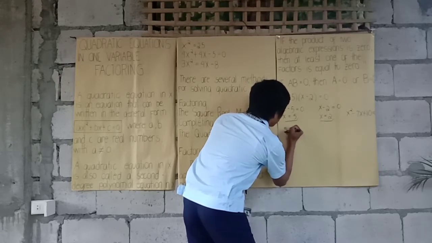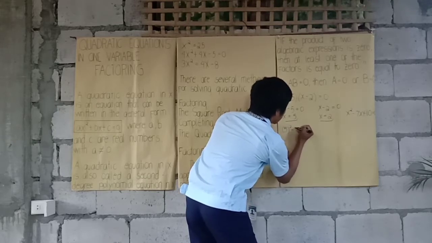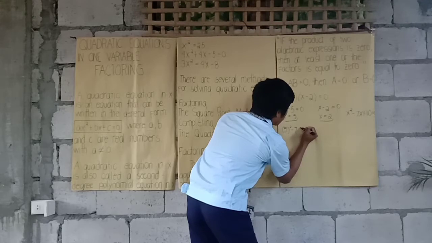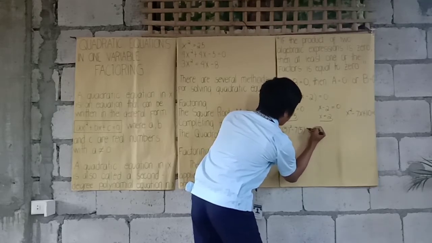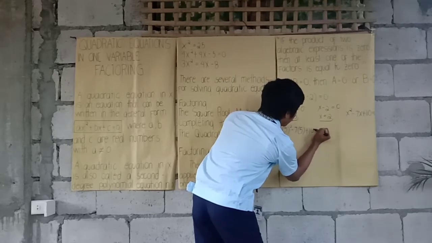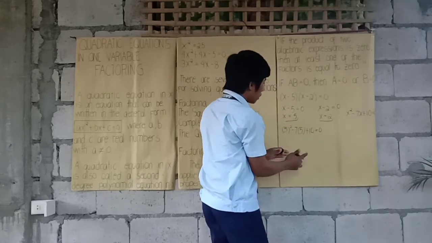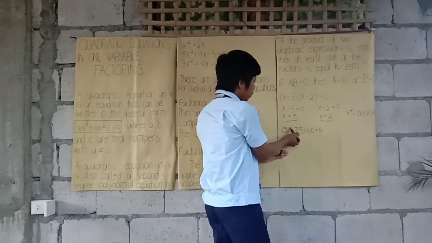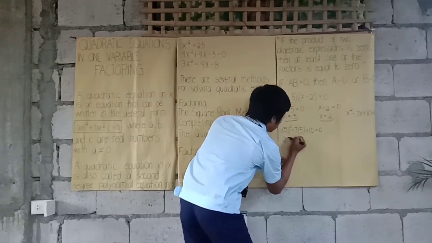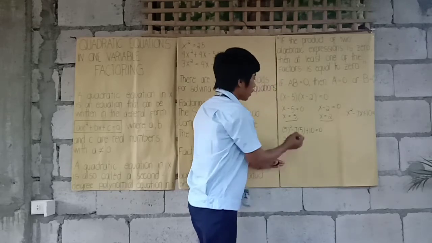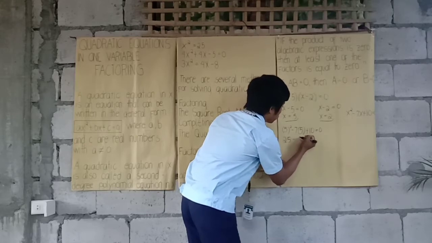So, 5 squared minus 7 times 5 plus 10 is equal to 0. So 5 squared is equal to 25. 7 times 5 is equal to 35.